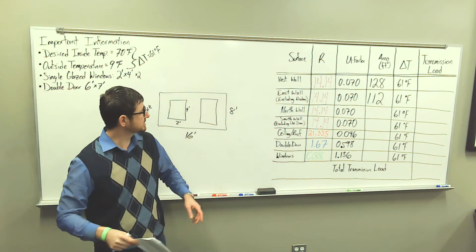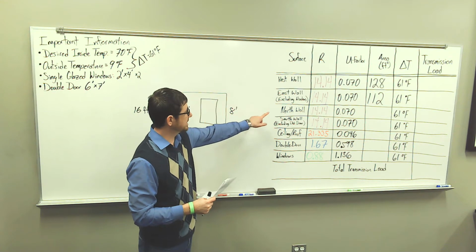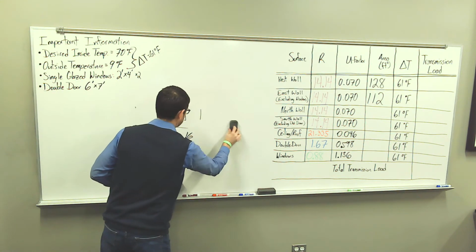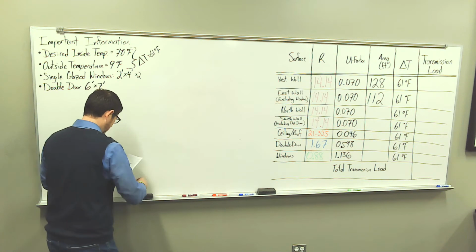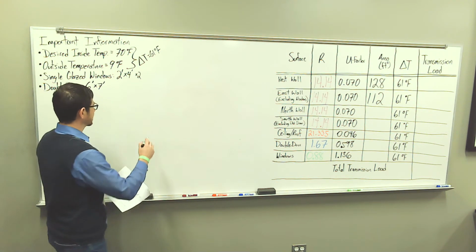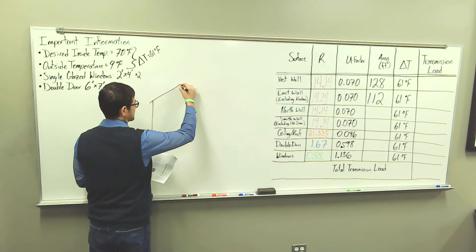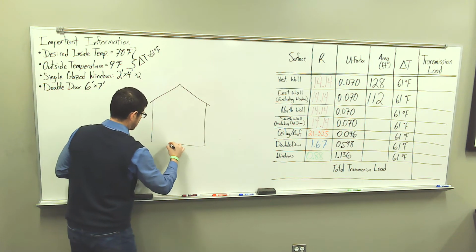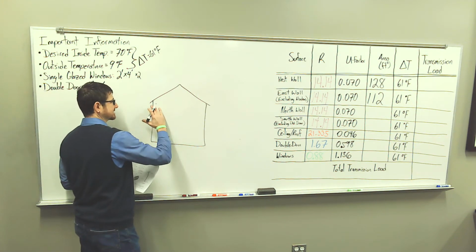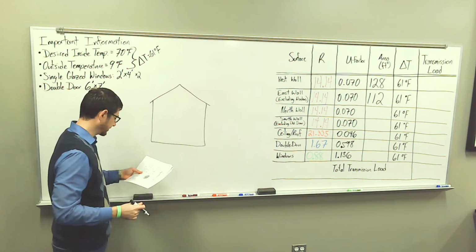Okay, next we need the area of the north wall. In an elevation view, the north, we have something that looks like this. So we need to calculate this entire surface here.